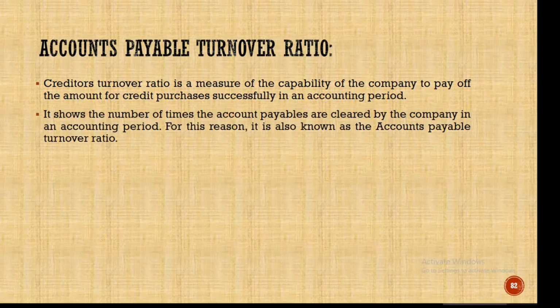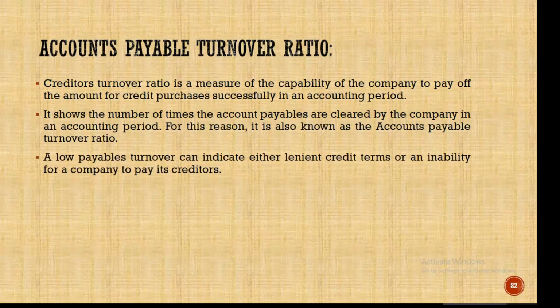It shows the number of times the accounts payables are cleared by the company in an accounting period. For this reason, it is also known as accounts payable turnover ratio.